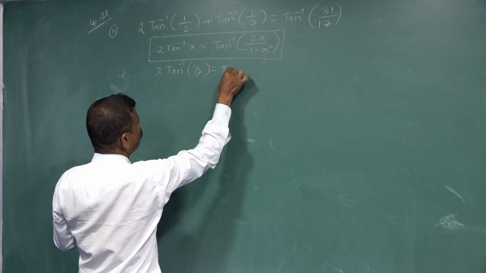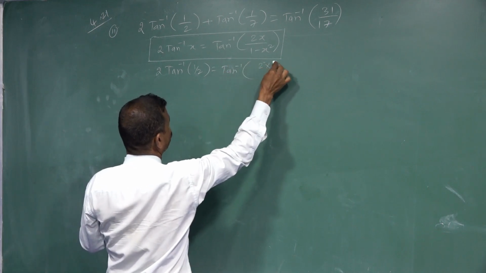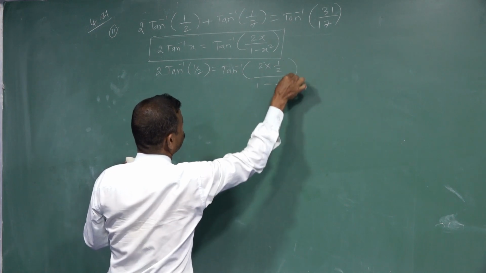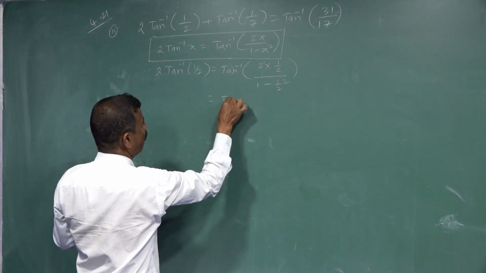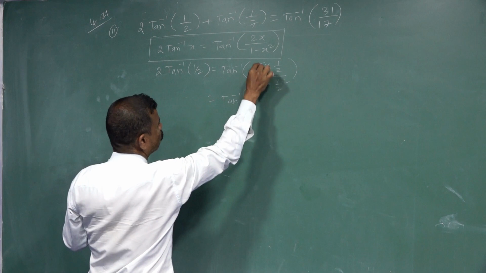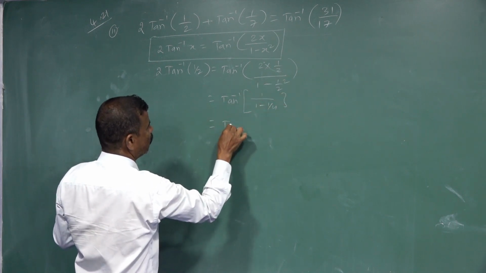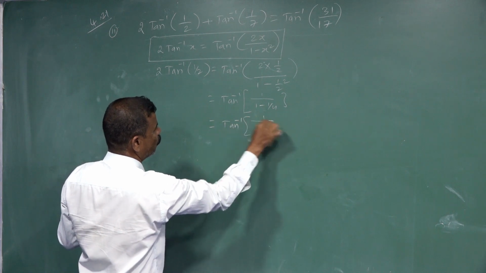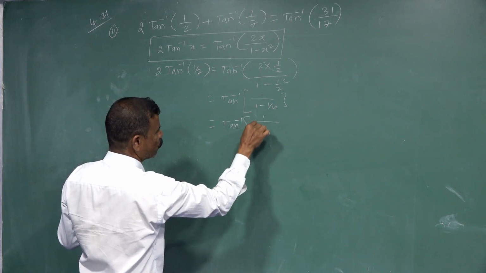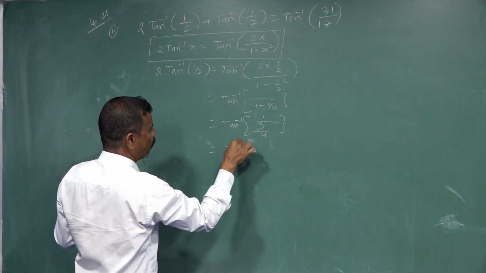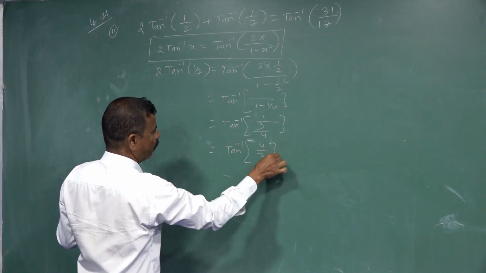This is equal to tan inverse of 2 into 1 by 2 by 1 minus 1 by 2 whole square. So this value is tan inverse of 1 by 1 minus 1 by 4. After this, tan inverse of 1 by 3 by 4. After reciprocating, tan inverse of 4 by 3.